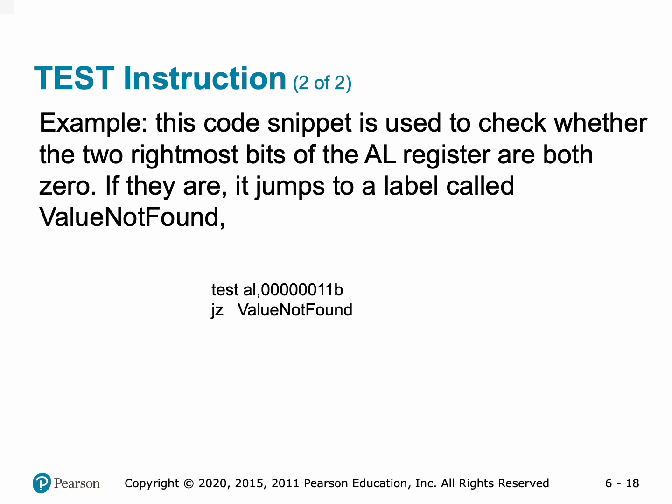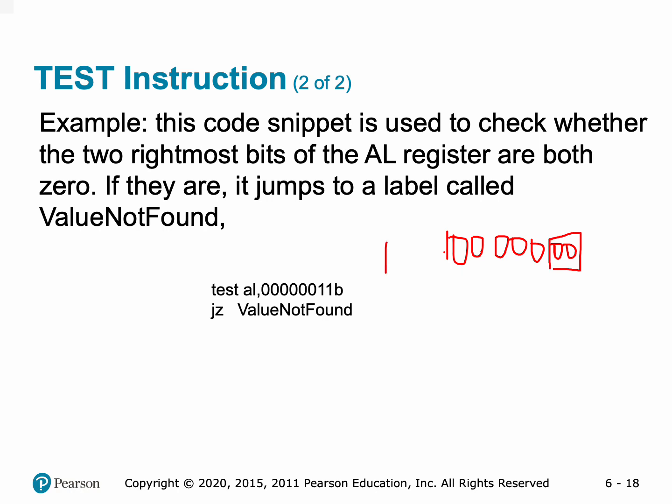So it's checking if we have AL, and in AL, let's say for example, you have this number here, let's just do 2 zeros. We have 1, 2, 3, 4, 5, 6, 7, 8. So we have 8 bits, which is 1 byte. And then we're looking at the 2 rightmost bits right here.